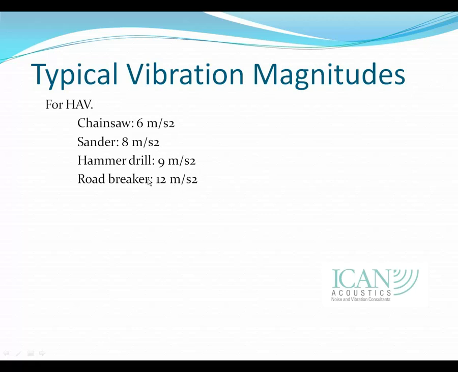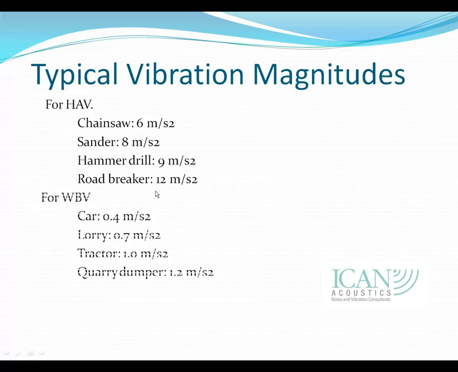That's where an operator would be using a pneumatic or a hydraulic Rockbreaker. Again, you'll notice the levels will be higher. So depending on the machine, the piece of equipment, and of course the task being carried out at that time, will influence the hand-arm vibration levels.